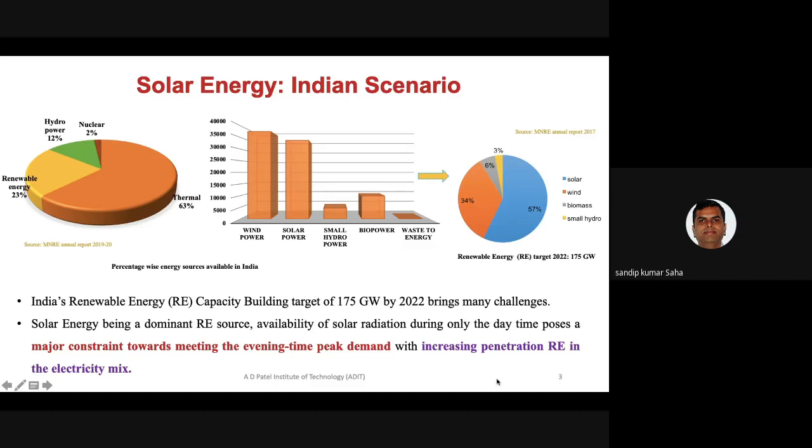So our target is very big, and also we want to produce something like 175 gigawatt by that time. So as in India, actually solar energy is widely available, and solar intensity is also good. And in a day, you will get the solar energy for long duration, something like 10 hours, maybe 12 hours also. So our aim is reasonable. So, however, we will see some disadvantage of using solar energy.